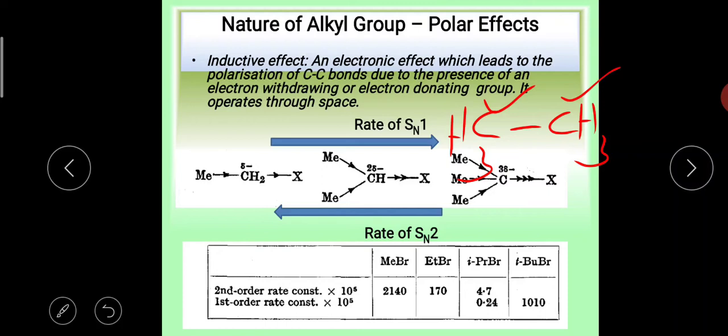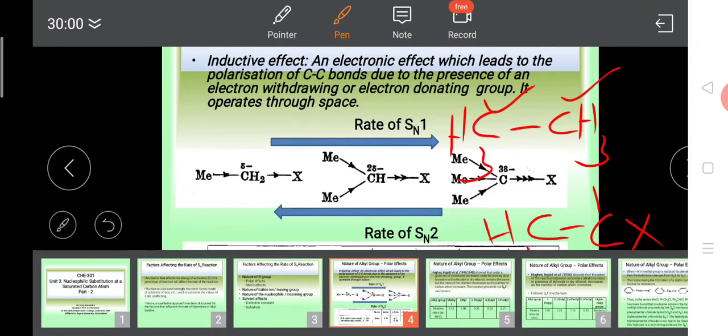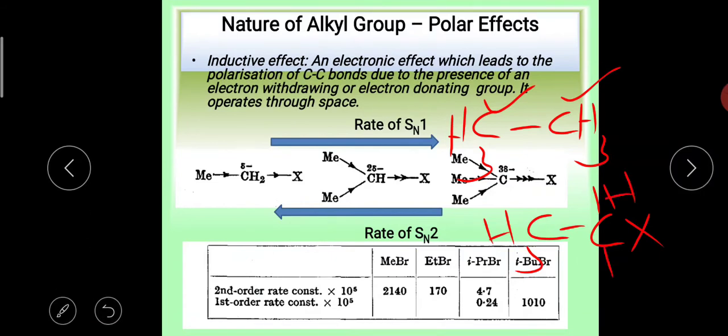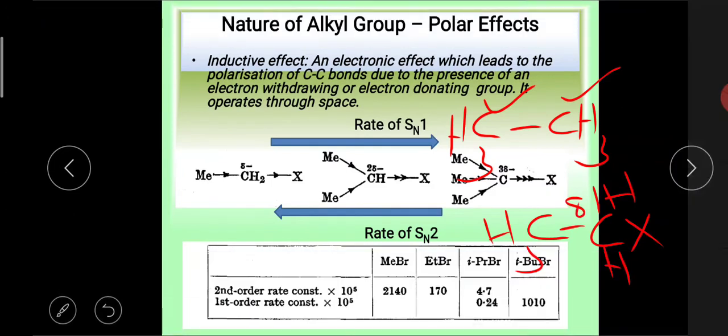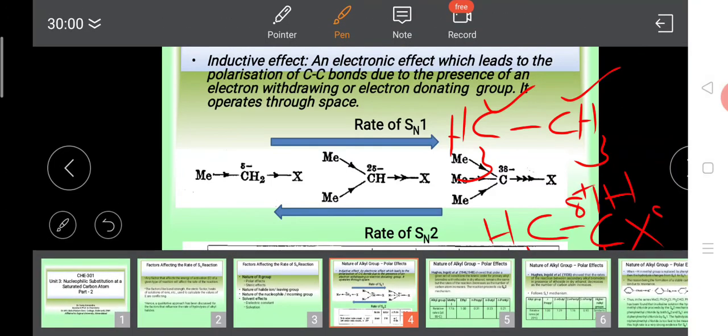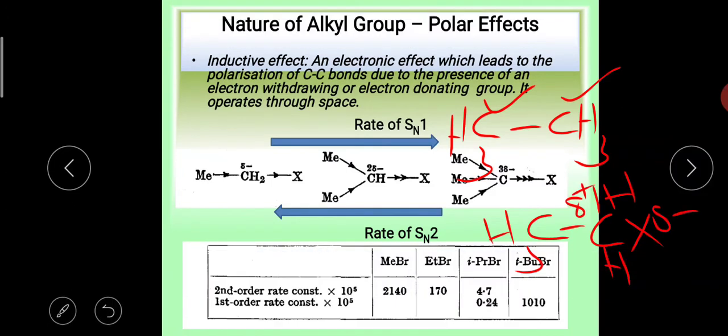But if I substitute one of the hydrogens of a methyl group with a halogen, then my carbon initially bears a slight positive charge and this would bear a negative charge.